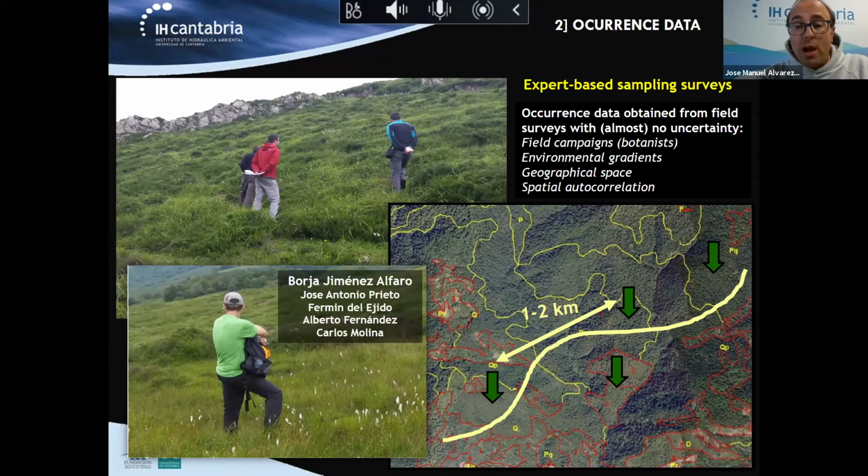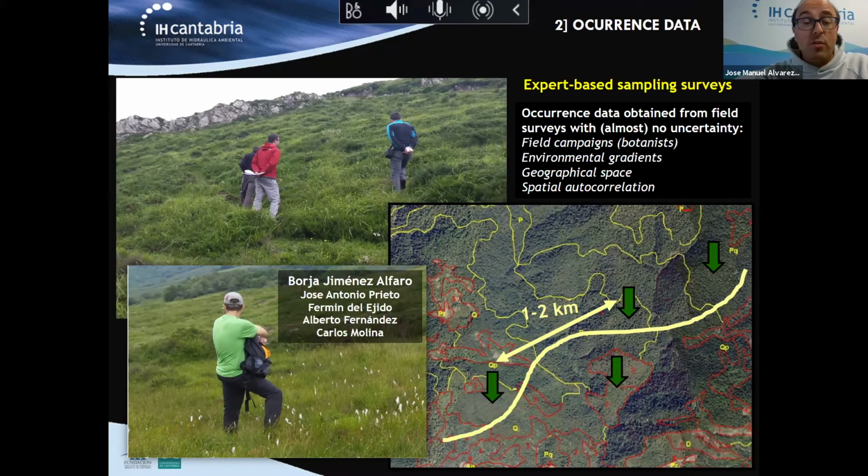For example, imagine that we are sampling a particular species of oak forest, and we only locate the areas of holm oak in, let's say, shady slopes and lower areas and closer to paved roads. So we are creating a bias in our sampling. That's not good. We have to cover the whole territory, covering the whole environmental gradients, and also take into account the autocorrelation issues.